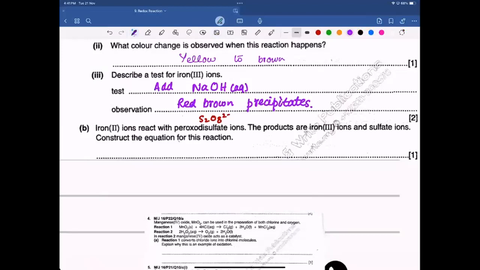Iron 2 and peroxydisulfate, right? Iron 2 means iron with a 2 positive charge, and peroxydisulfate means S2O8 2 negative. The products are iron 3 ions and sulfate ion SO4 2 negative, and you have to put a 2 to balance the equation.